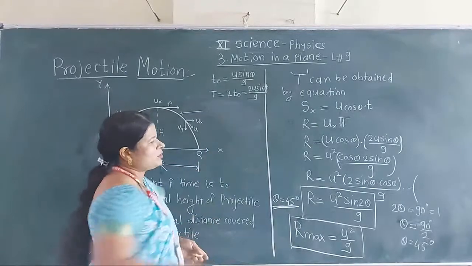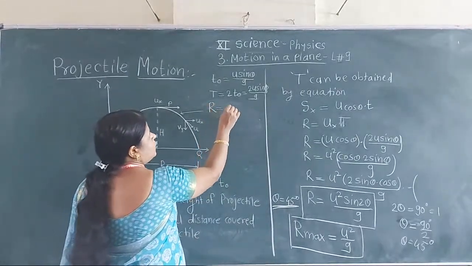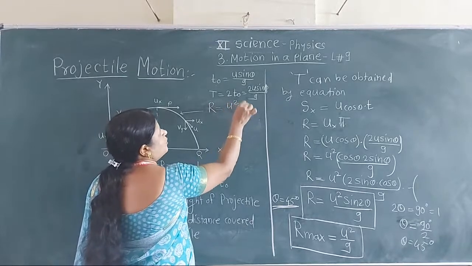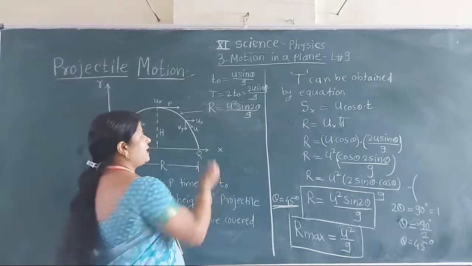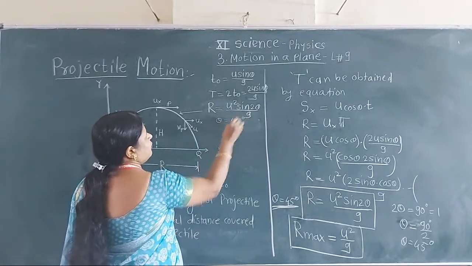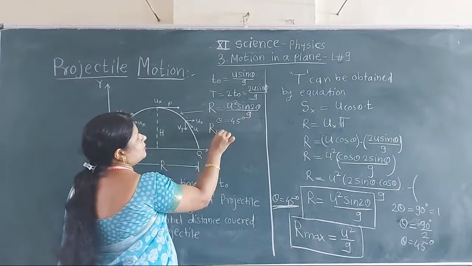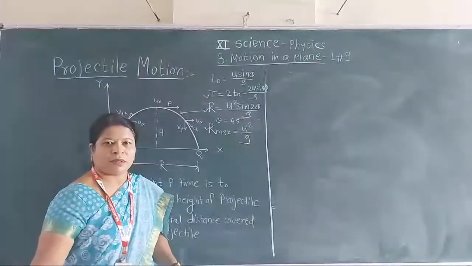For the range of a projectile, we get the equation R is equal to u square sin 2 theta divided by g. And when theta is equal to 45 degrees, we get the maximum range of that projectile.